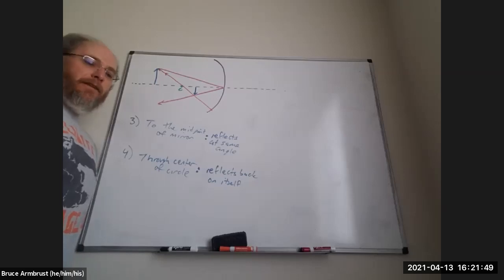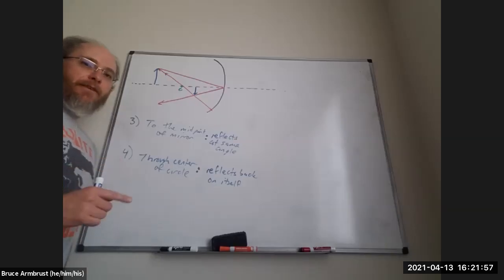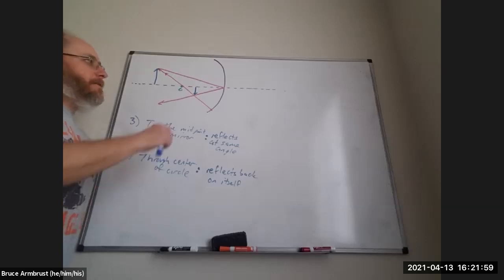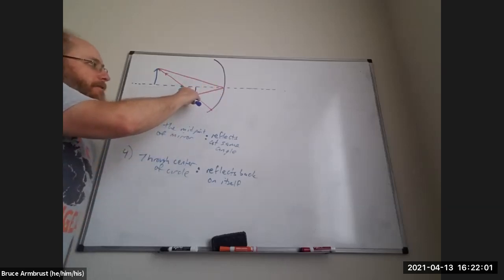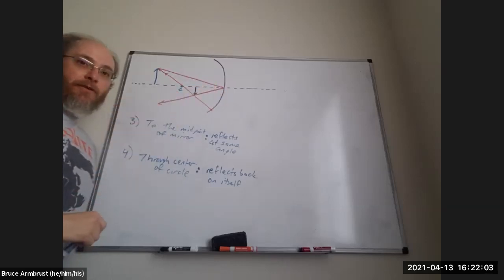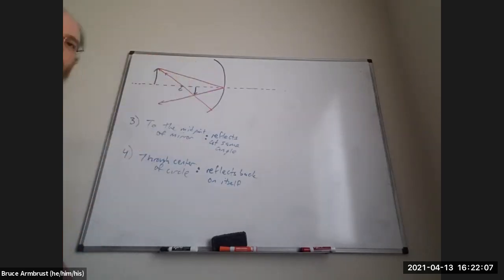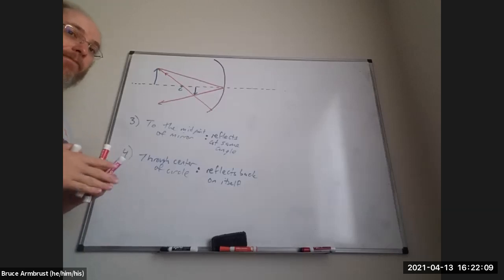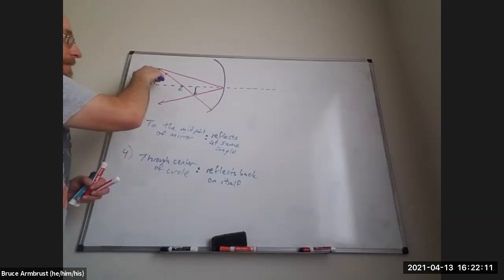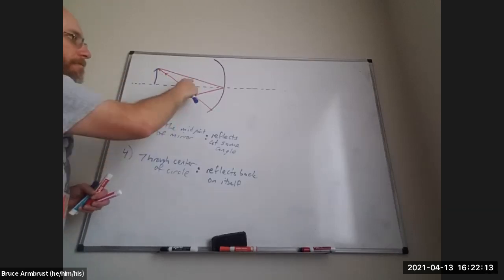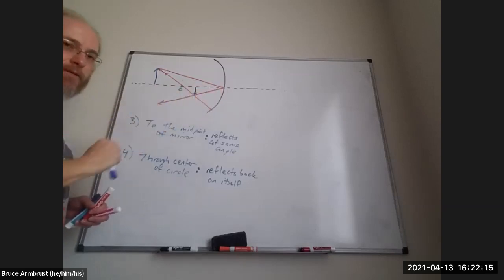Why is it real? It's not behind the mirror. It's in front of it. But it's also because those rays pass through where the image is located. Think about the red and pink rays here. Those are actual light beams that are coming off of the object, and both of those rays pass through this point.